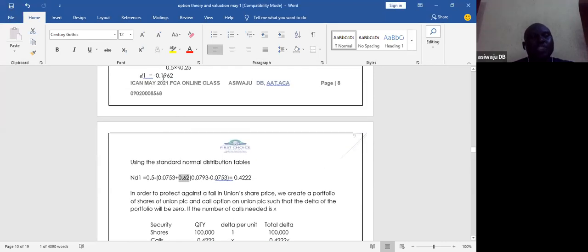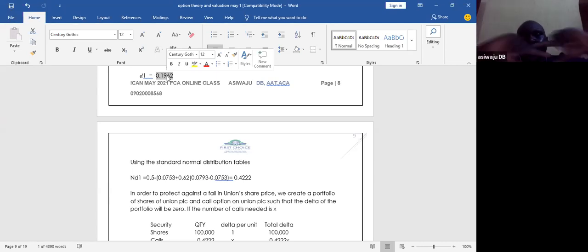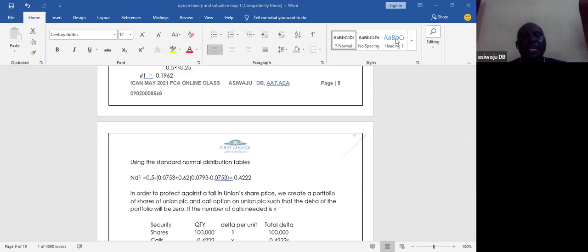The figure you are trying to read from your table lies between 0.1 and 0.2. So you are going to take 0.1 under 9, which is the lower band, and you look for 0.2 under 0, which is the upper band. The second reading: now check 0.2 under 0.